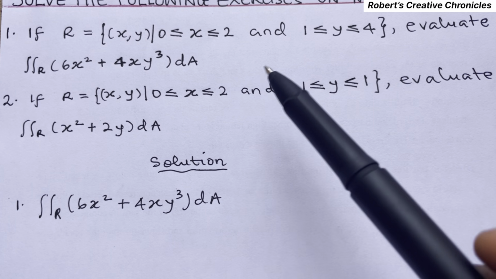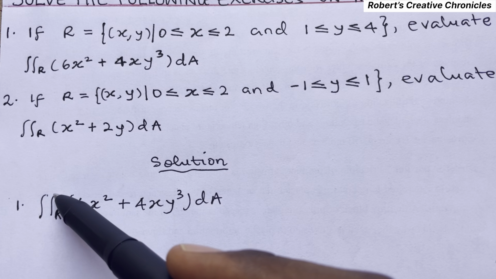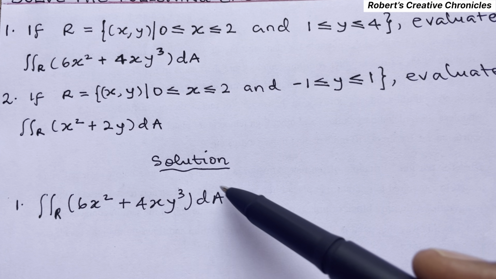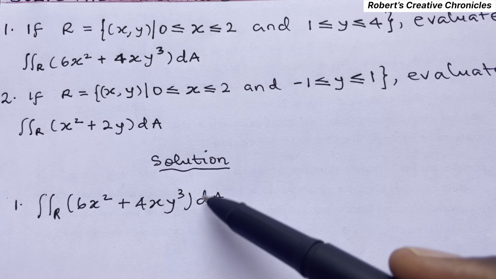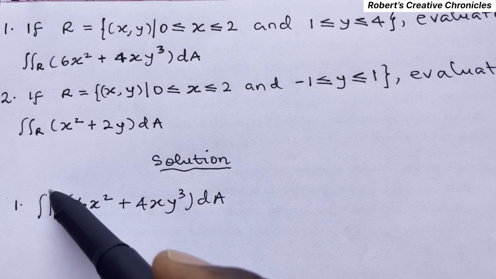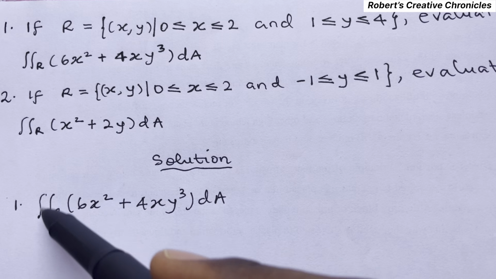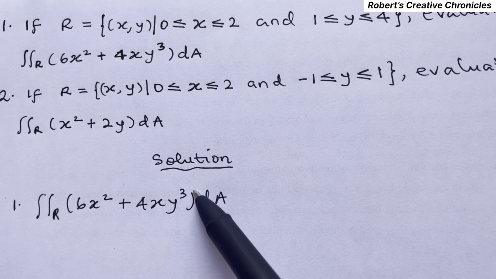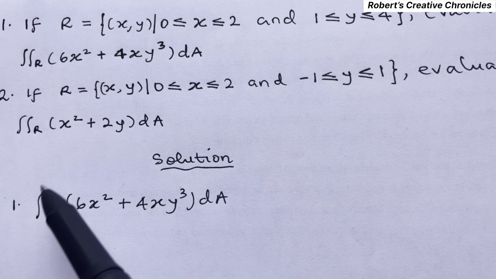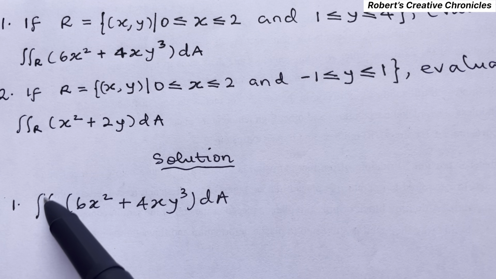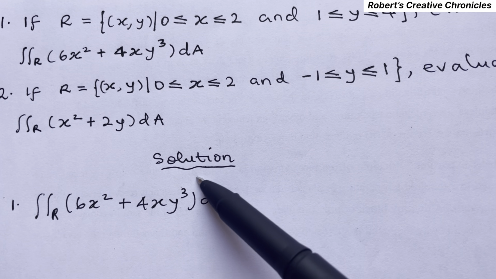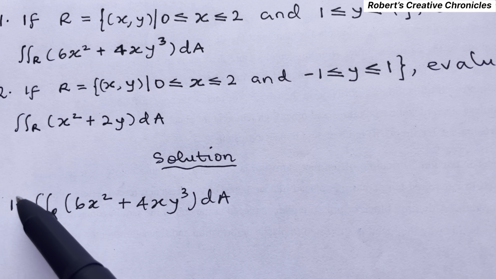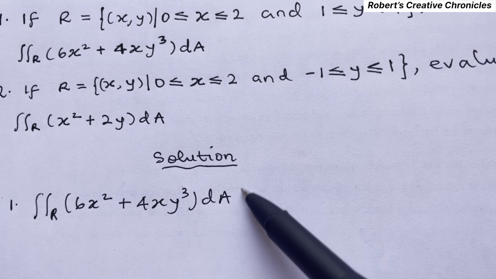of each. Now, if you substitute the boundaries of x here, that means this is the derivative of the area, which is dx dy. If you substitute the x boundaries, which are 0 and 2 here, that means the one you are going to use here is the x, so that you evaluate the integral with respect to x using the boundaries of x first before you evaluate the integral of y with respect to y.